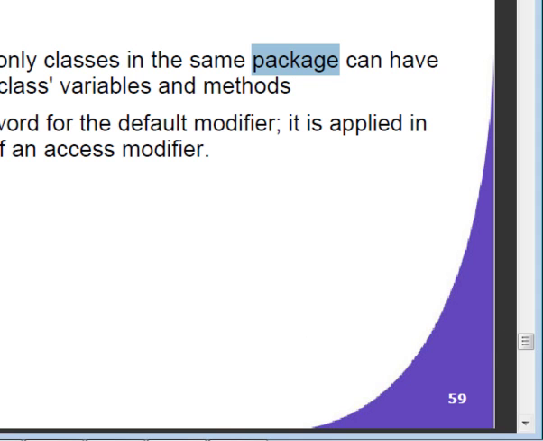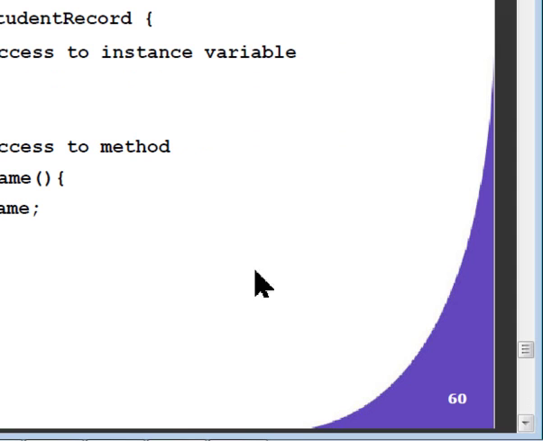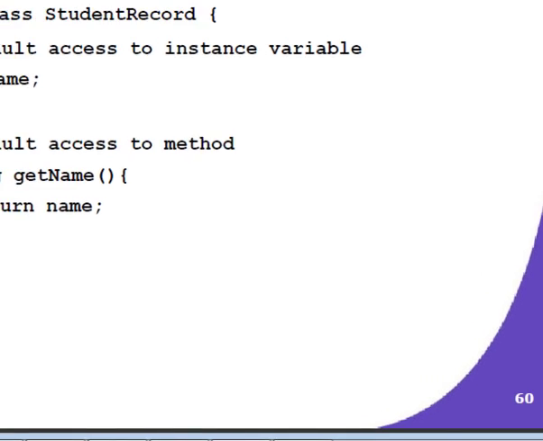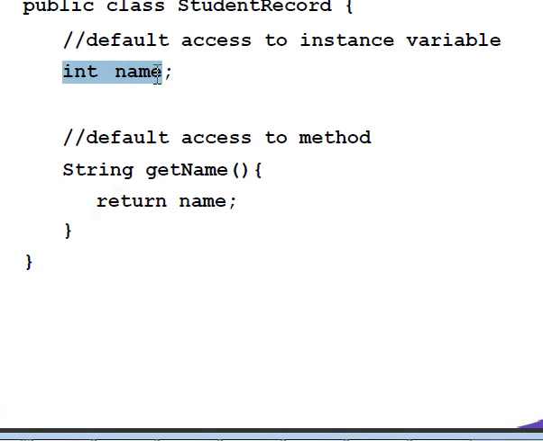So if you don't specify private, protected, or public, then it is considered the default modifier. What that means is this variable or method can be accessed from any class in the same package.